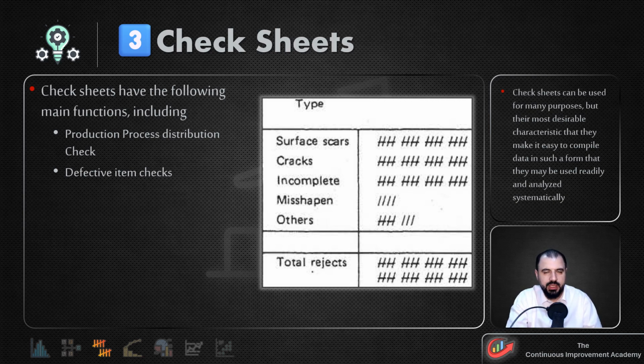And also it can help with identifying the number of defects in different categories, such as, for example, in this example, we have surface scars, cracks, incomplete, misshapen, and so on and so forth. It would be easy to use the check sheets using these tallies in order to identify what is the distribution of each of the causes or issues.